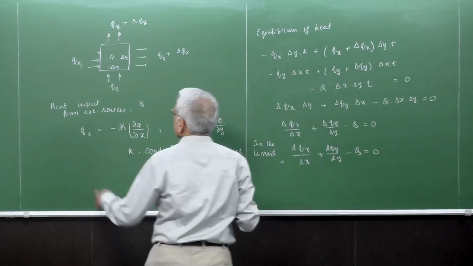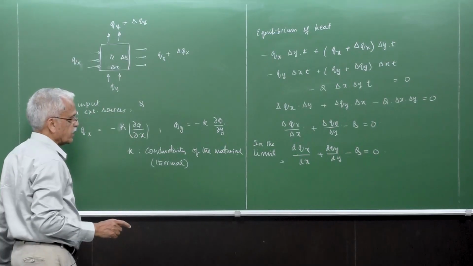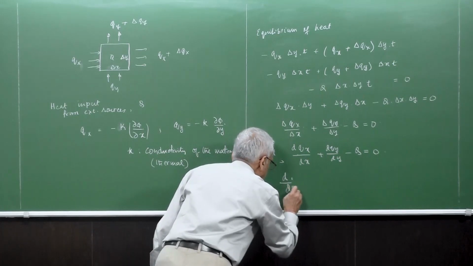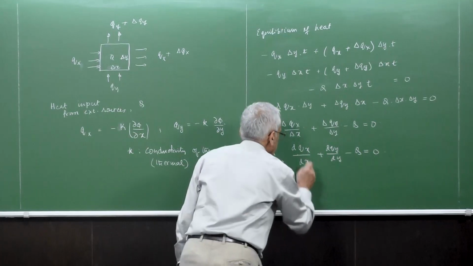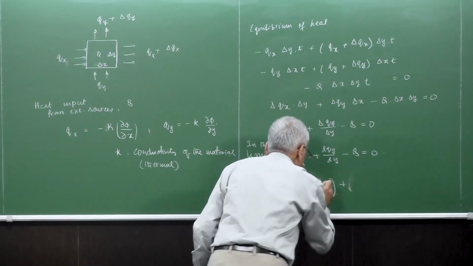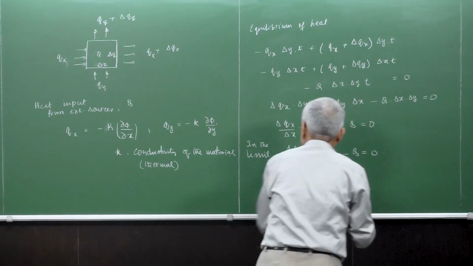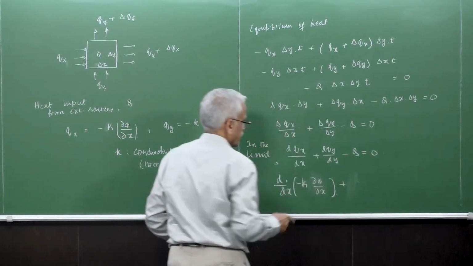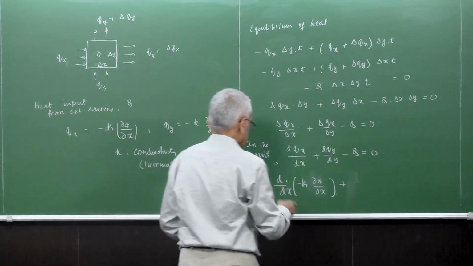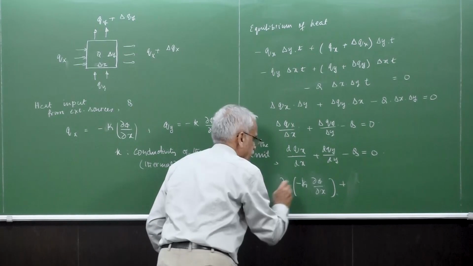As we said, the Qx we can write as minus k dou phi by dou x. So that means here, minus k. In fact, here we have to make use of the partial derivatives, so we'll change it to partial derivatives.